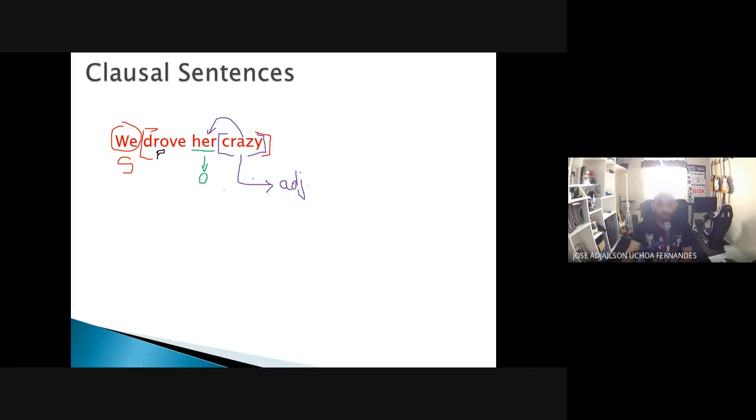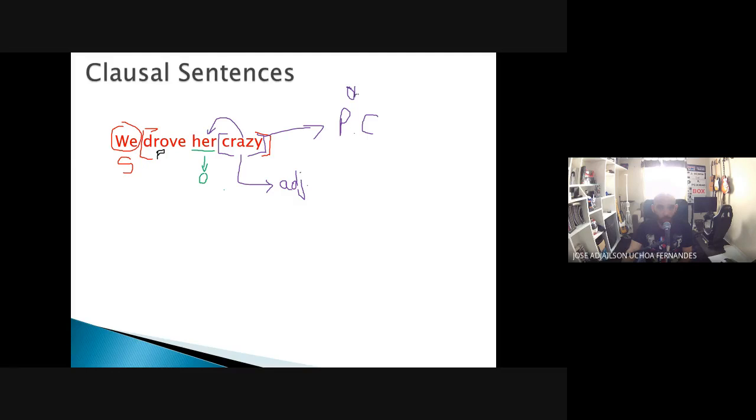Now, anything that refers back is a predicative complement. Remember that? A predicative complement refers back. In this case, is it referring back to the subject or back to the object?